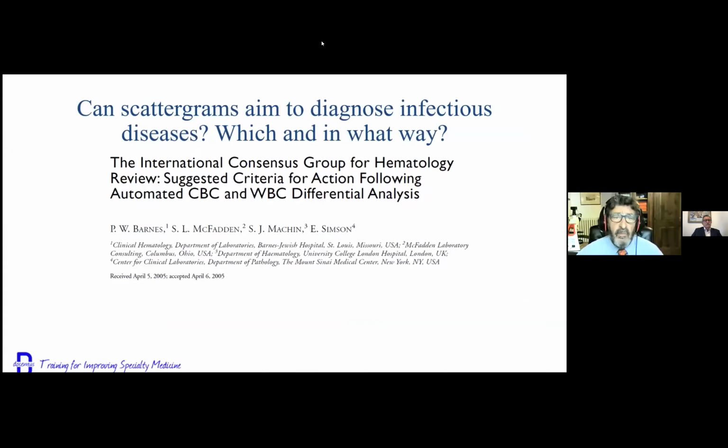None of these rules provide decision-based criteria for instrumental scattergrams, because scattergrams and the other 3D and graphic scattergrams are generally regarded as a waste of time. I do not agree at all.